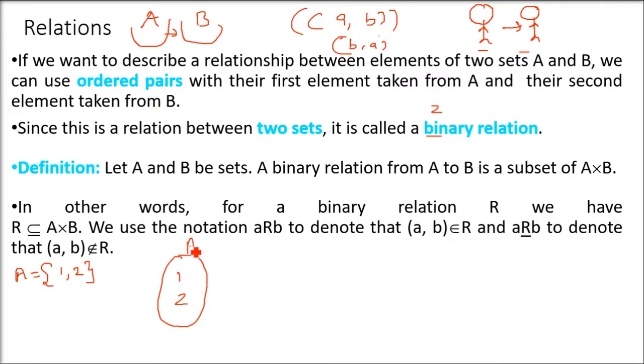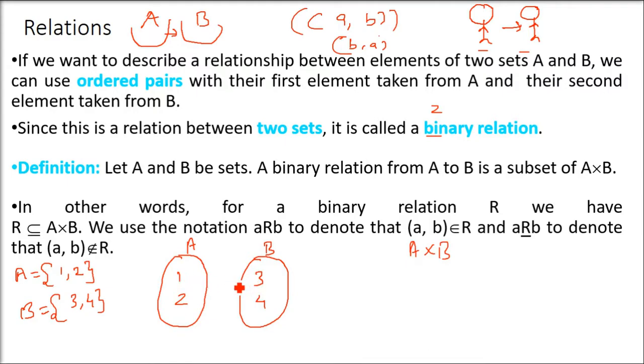So how do we make a relation? This is set A, and there is another set B, and let us assume two more numbers, say 3 and 4. So B = {3, 4}. Now A cross B is the Cartesian product. How are we going to do this?